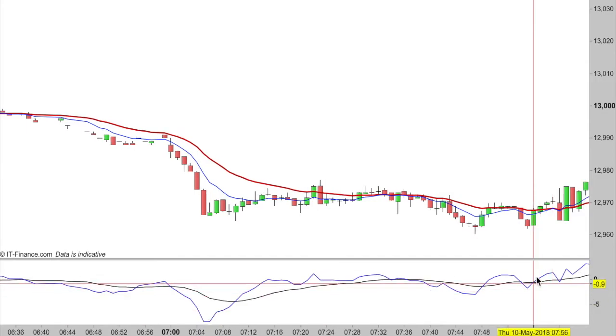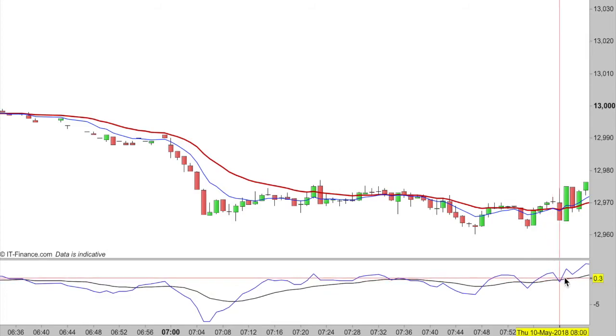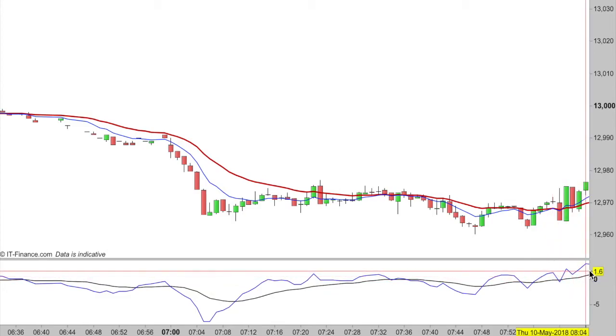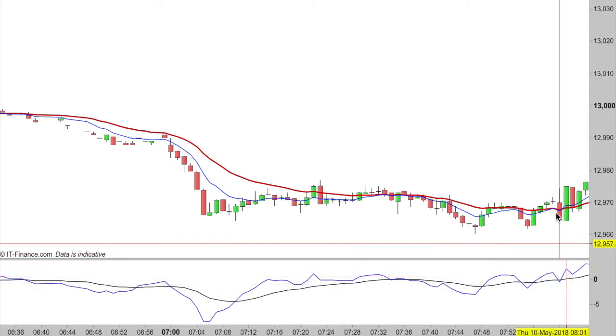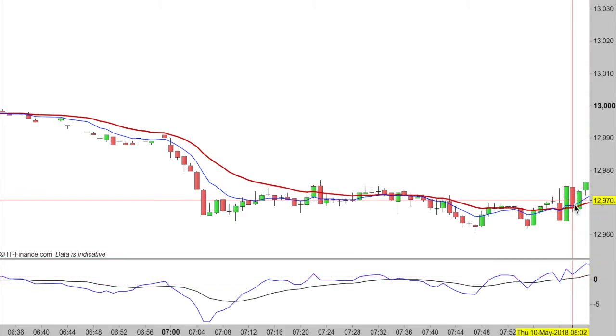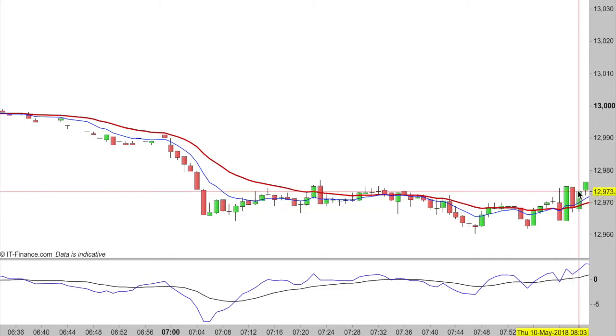You very often find that when the slow line of the moving average convergence divergence indicator, the MACD, is pointing upwards, then anytime there's a bear bar, the big traders will buy.